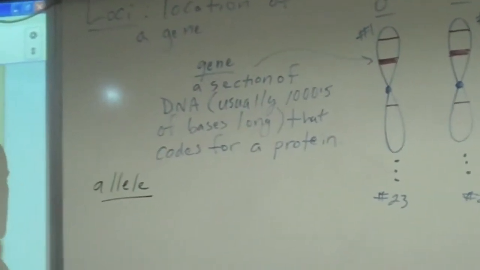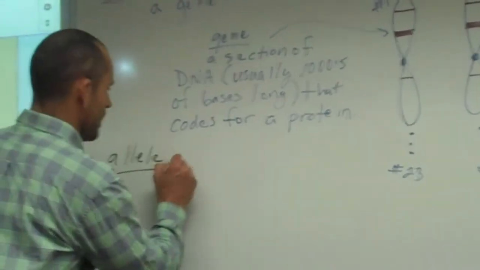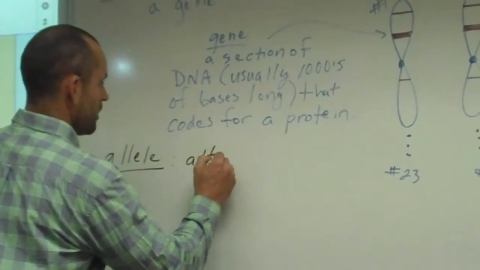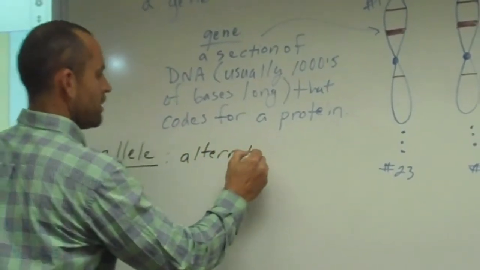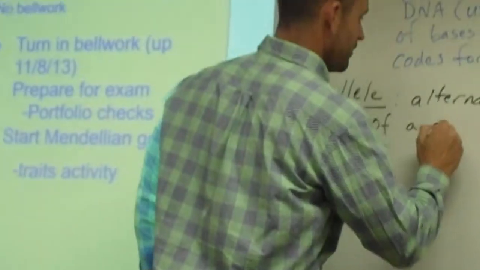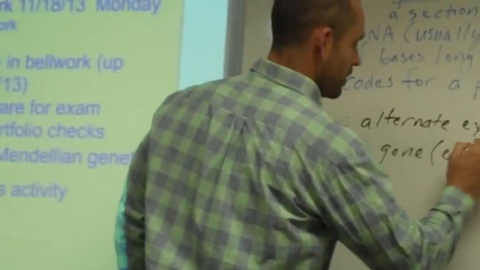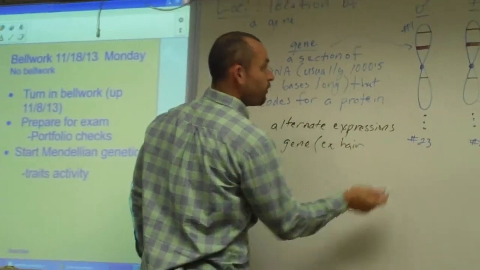It kind of means the same as gene, but it's different because an allele is the alternate expressions of a gene. So we use the example of hair color. Even though there's a gene for hair color, the different alleles are just different versions of the gene.